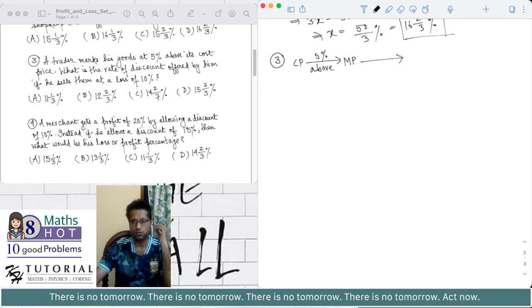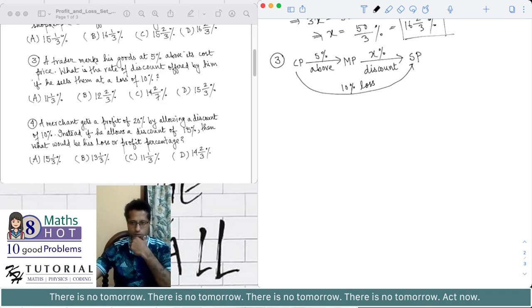Let's say we have an x% discount, and we are having a selling price such that there is a loss of 10%. So we have to find x.